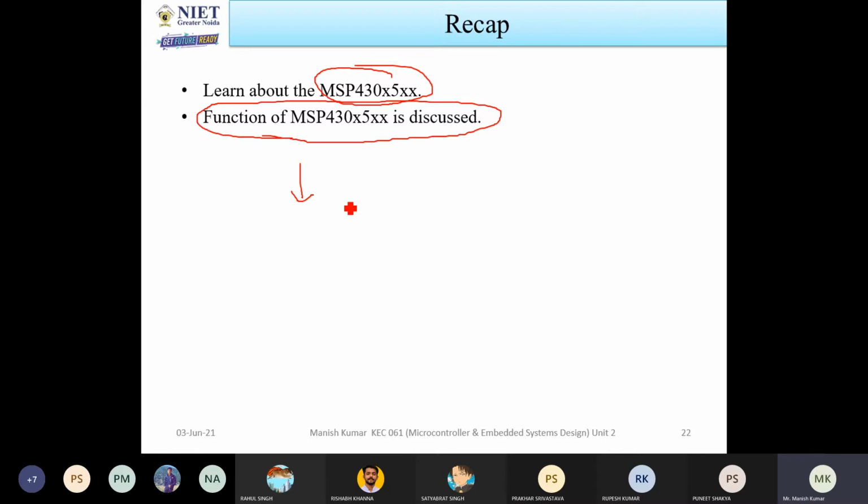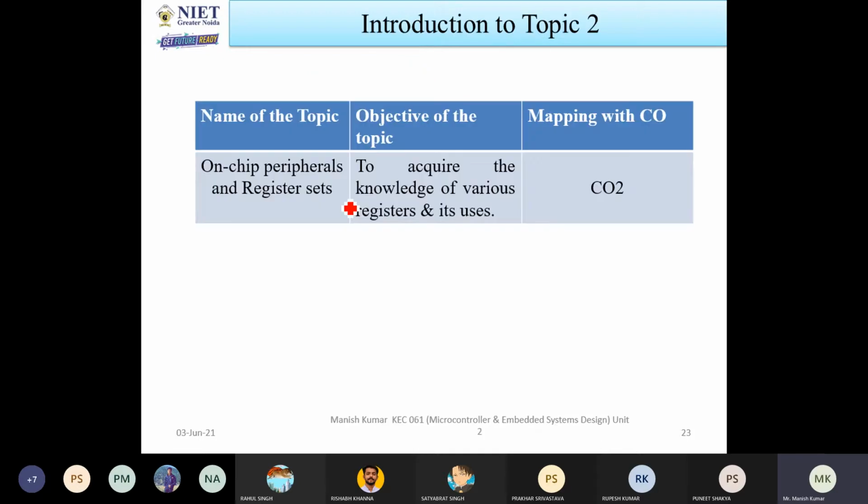Then the next topic is on-chip peripherals and register sets. So in this microcontroller board, how many peripherals are available, which types of peripherals are available, and how many register sets are available in this particular microcontroller. Today I am going to discuss these things in detail.